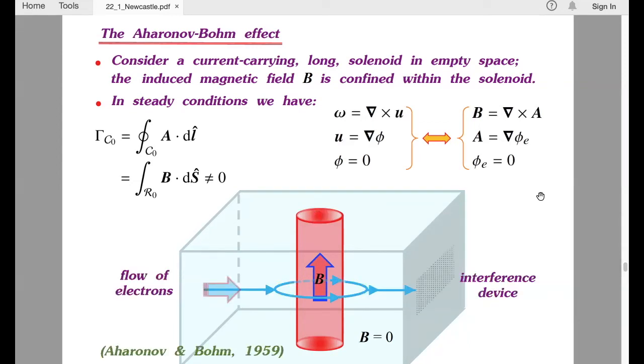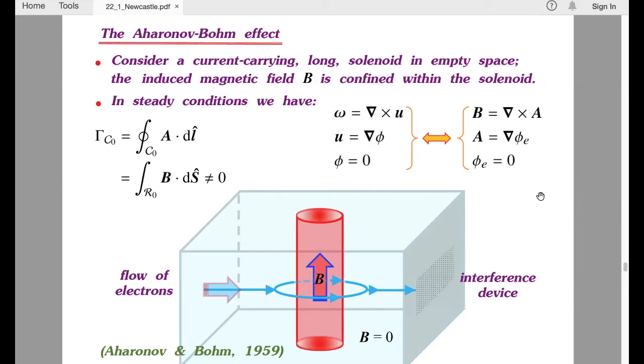And we can now follow what Aharonov and Bohm proposed in 1959. They proposed the following experiment. You just confine your magnetic field in a way that is represented in the picture.